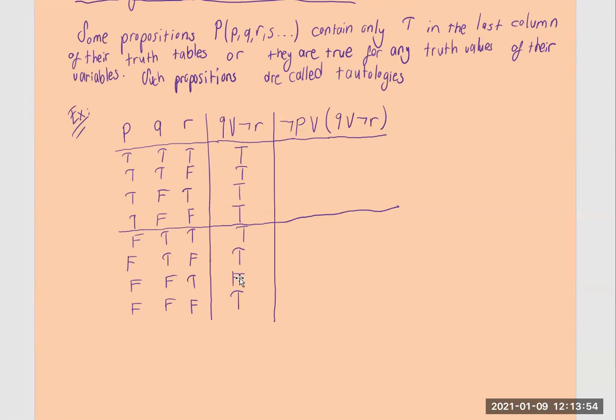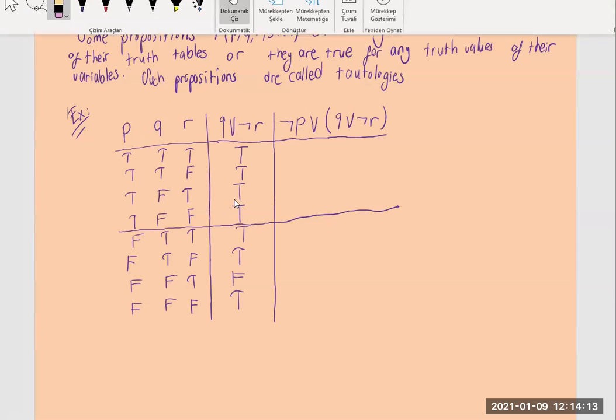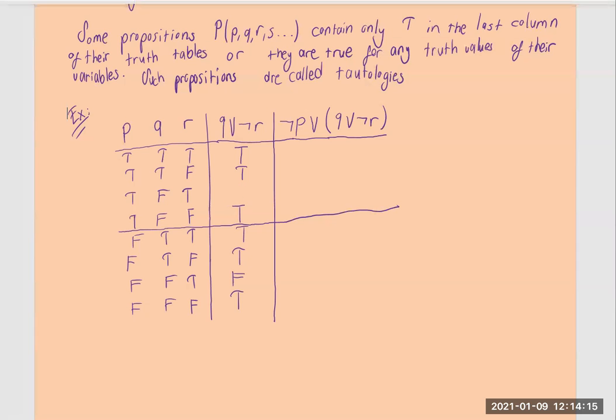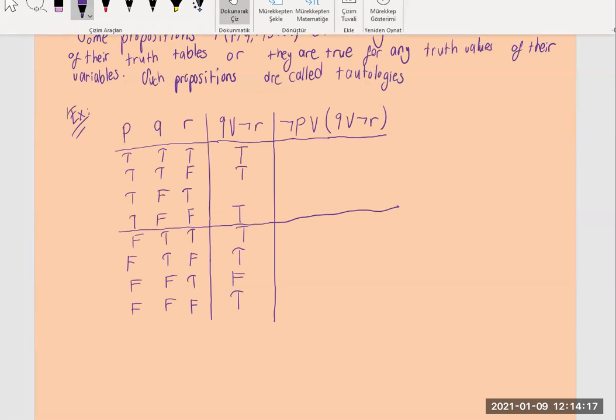What do you mean? And here, the third one. Yeah, here is also true. I'm sorry, false. Okay, let's check again. False. Yeah. Okay, here is the false.